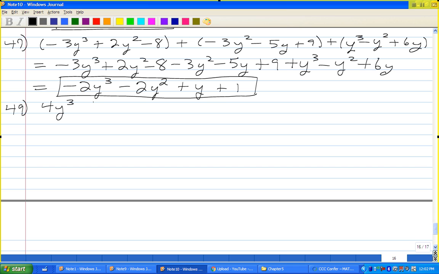Four y cubed minus 3y squared minus 2y plus 1 plus 7y squared minus 7 plus 3y cubed plus 7y minus 8.